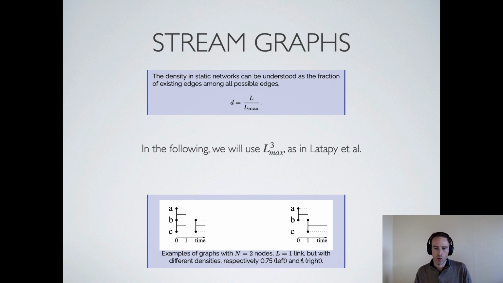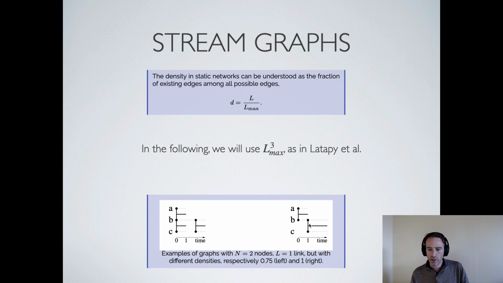It's 1 on the right, because every time two nodes are present together, they are connected. So A is present only from 0 to 1, and during this whole period it is connected to all the other nodes, because C is not present at that time. The presence is represented by the dotted line.